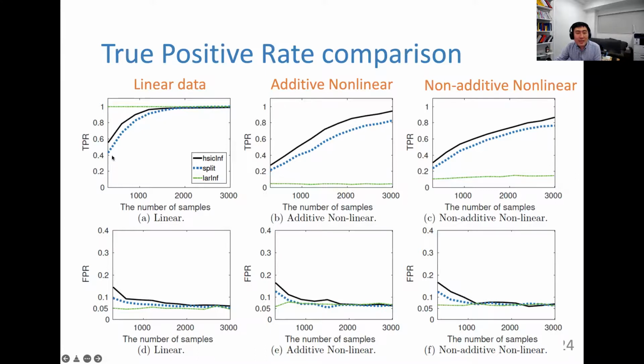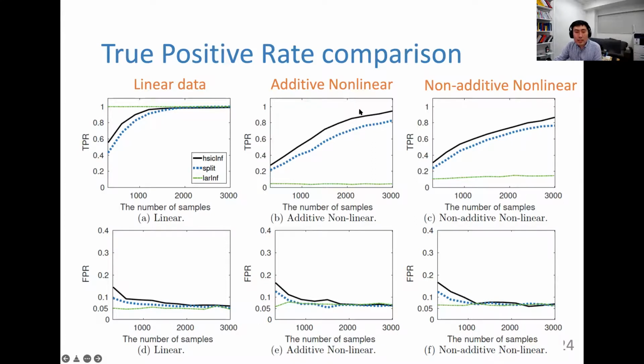On the other hand, our proposed method can get a good true positive rate if the number of samples is large. This is a very reasonable result because this is achieved by the linear model, so it performs the best. But our method, if we have a large number of samples, can get good performance.